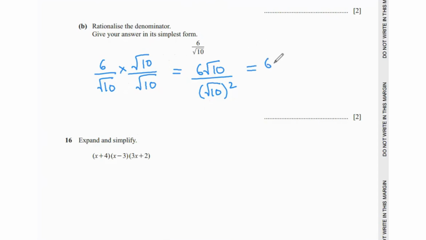So 6 root 10 divided by square of root 10, which is 10. This becomes a 3, this becomes a 5, because we can simplify 6 and 10. So 3 root 10 over 5 is your simplified answer. And now if you compare this with the question, there is no surd in the denominator. The surd is now in the numerator. So you have successfully rationalized the denominator.